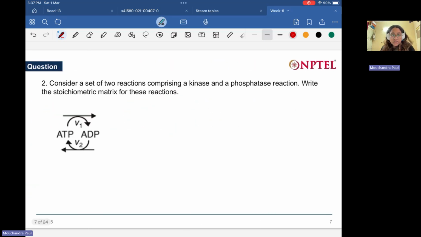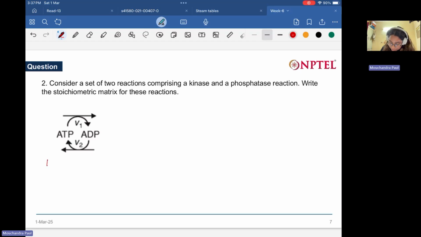Let's try one more time, but with this different reaction scheme. So here you can see that there are two reactions involved comprising a kinase and phosphatase reaction. So we have to write down the stoichiometric matrix for these reactions.